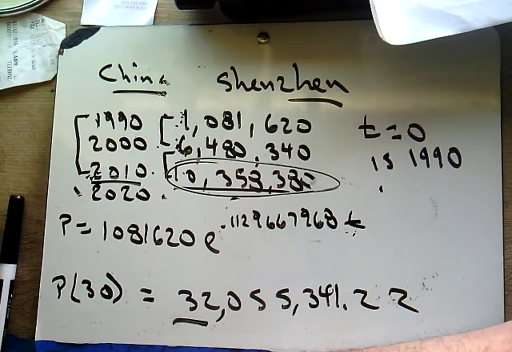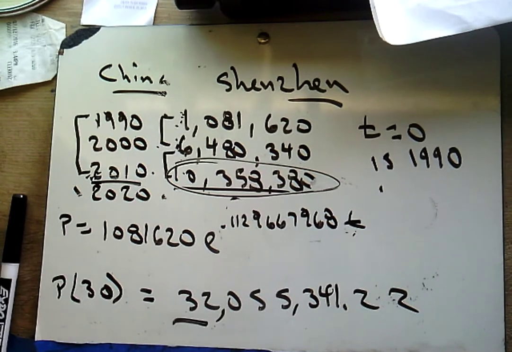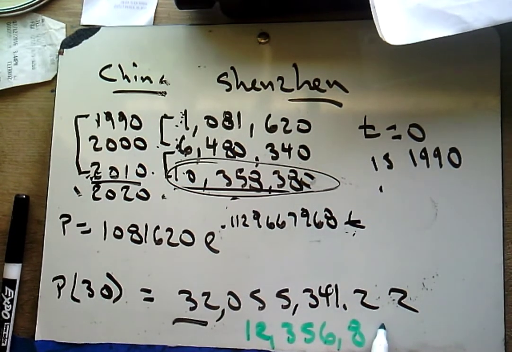And I'm going to say, hey, what's the population in 2020 of Shenzhen? Shenzhen's 2020 population is now estimated to be 12,356,820 people.